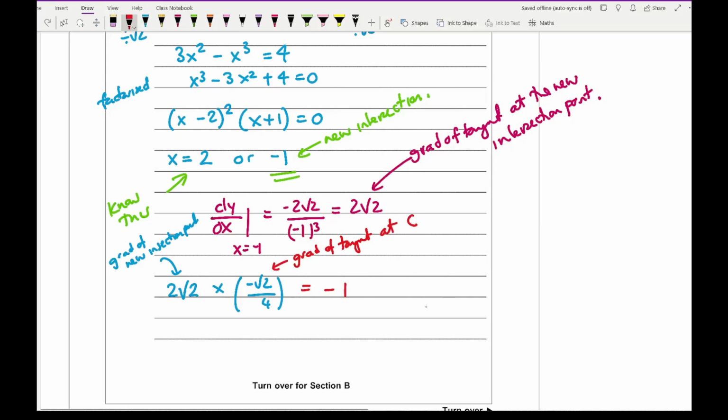So therefore this is perpendicular to the curve, so it's a normal. And there we go.